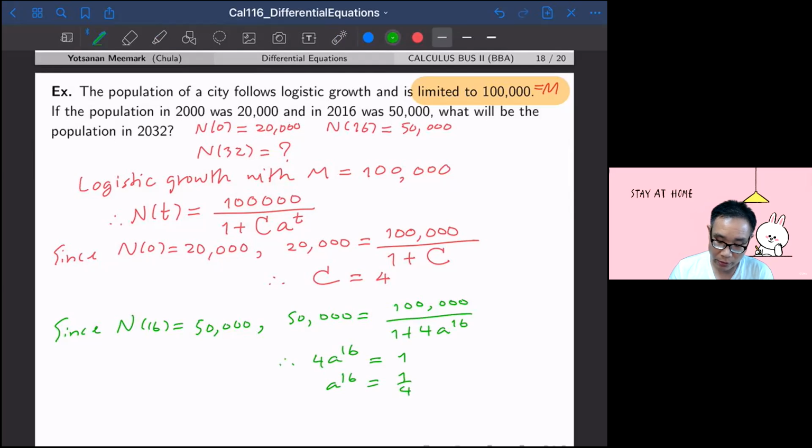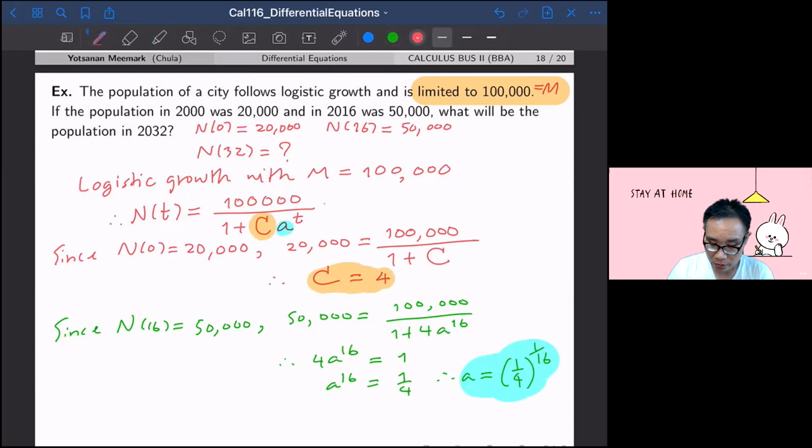So you take the 16th root on both sides, so you have a equal to (1/4)^(1/16). Okay, so this settles down our C and A. You have a equal to (1/4)^(1/16) and C equal to 4.